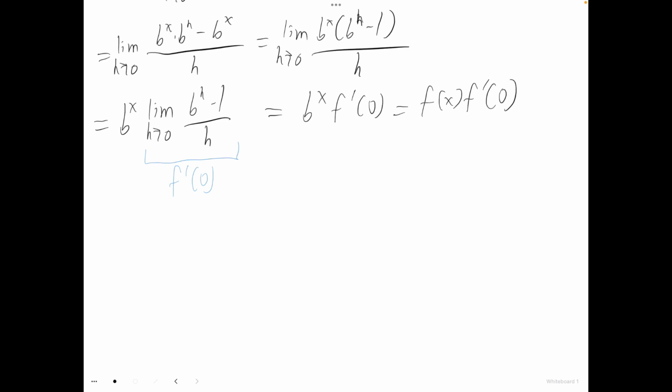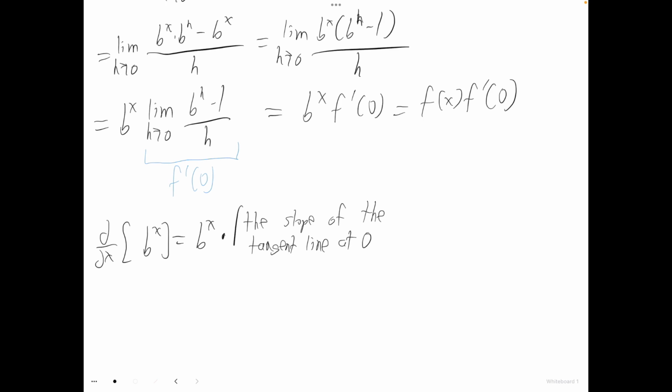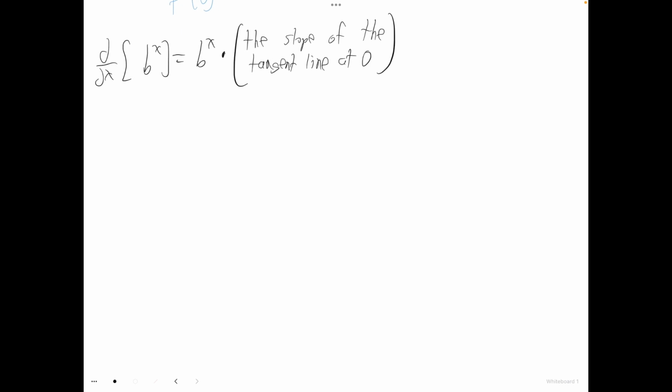And so what we found then is the derivative of b to the x is just going to be b to the x times the slope of the tangent line at 0. So that's nice, other than we don't know the slope of the tangent line at 0.